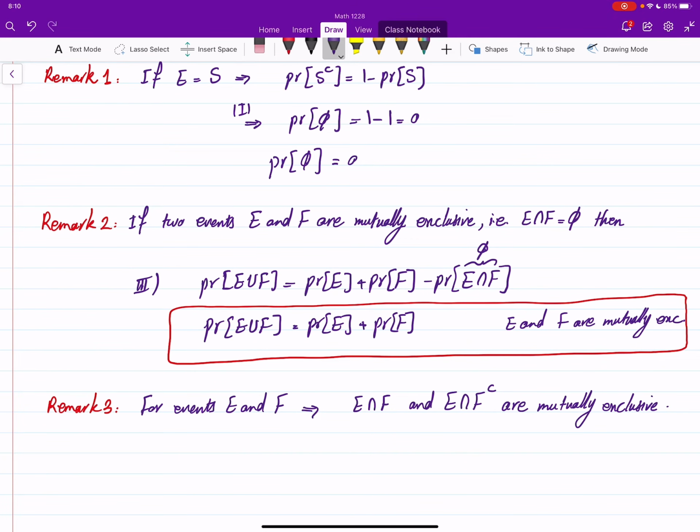This you can do in different ways. You can use a Venn diagram or just properties of intersection.